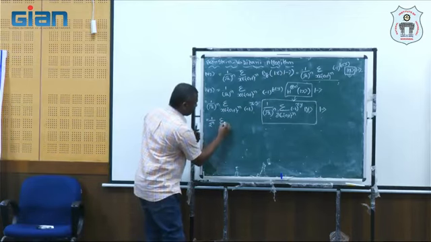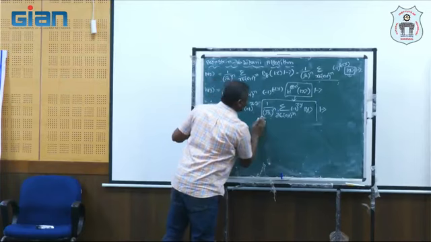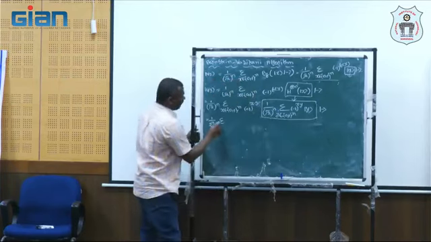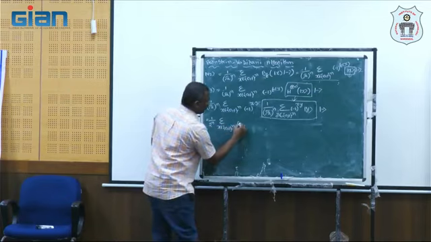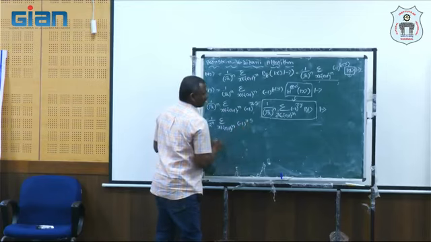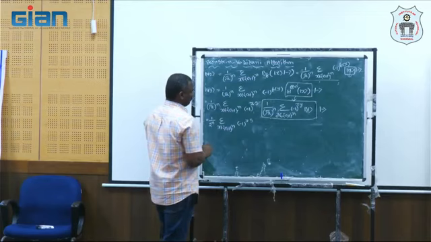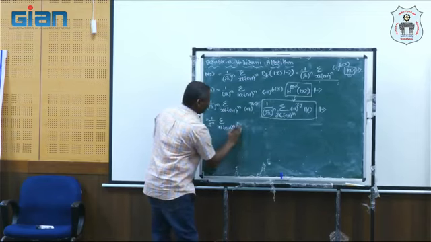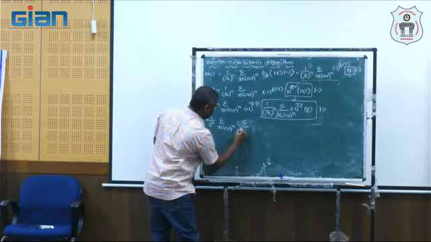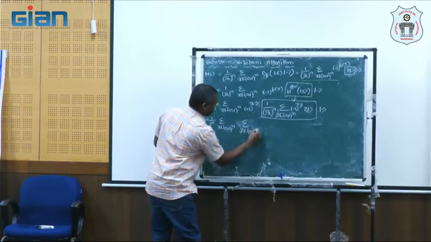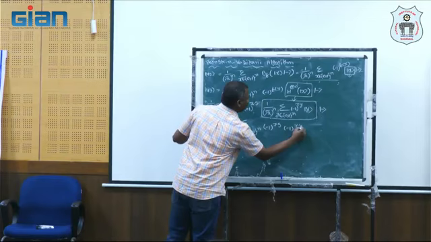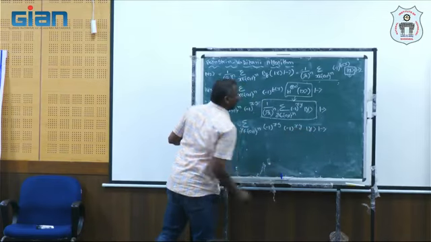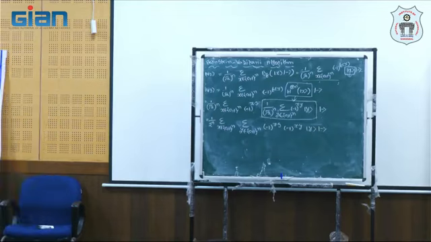Summation over x belongs to {0,1}^n of (-1)^(x·s) times (-1)^(x·y). Only 1 by root 2 whole power n, that 1 by 2 power n I have written, the other thing has no change.